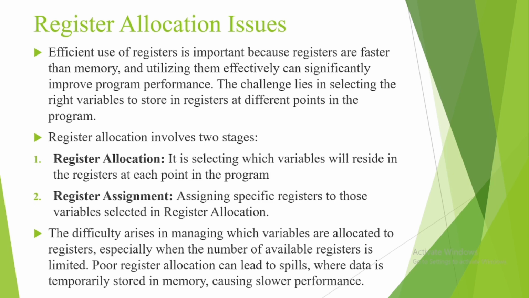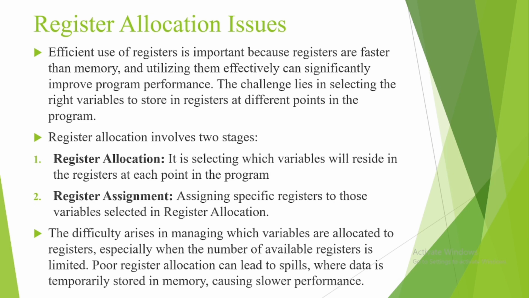Register allocation involves two stages. First is register allocation, second is register assignment. Register allocation is selecting which variables will reside in registers at each point in the program. Register assignment is assigning a specific register to those variables selected in register allocation.